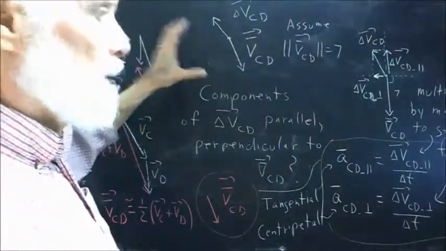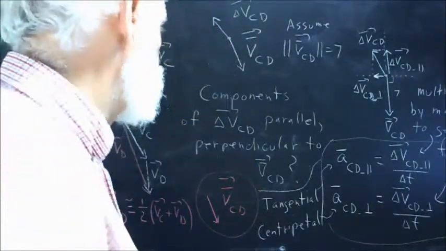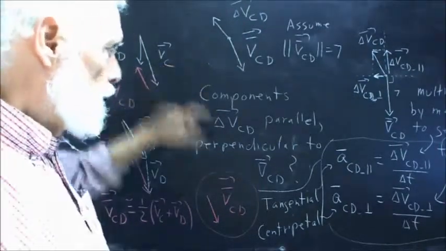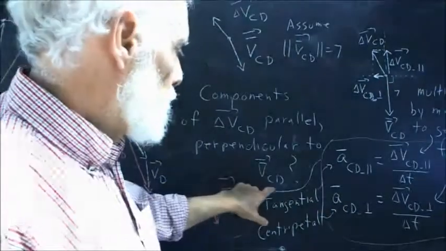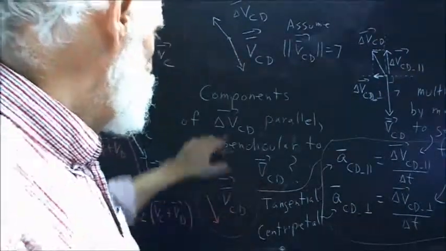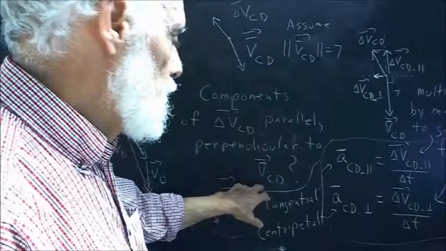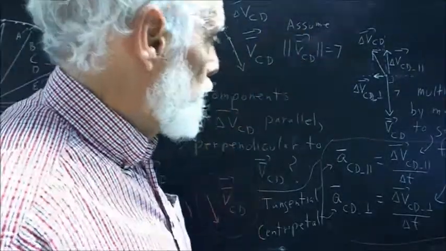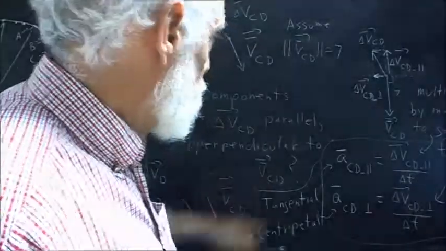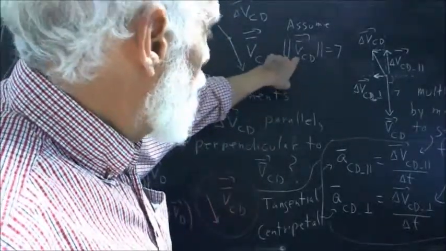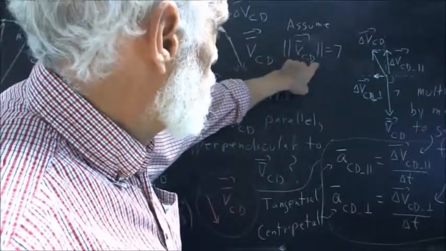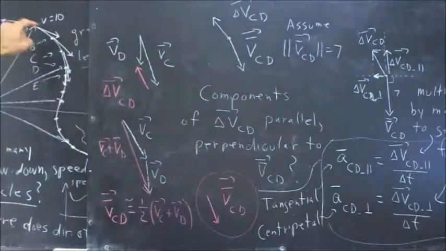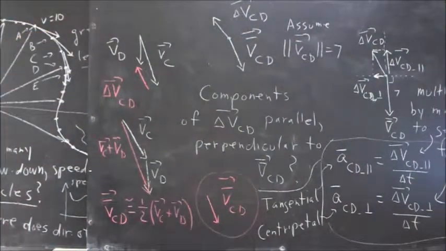In order to get a grasp on what these vectors are telling us, we're going to estimate the components of delta VCD parallel and perpendicular to V bar CD. So, the change in velocity parallel and perpendicular to the direction of velocity. We're making an assumption, just for numerical purposes, that the average velocity between C and D is about 7 on the scale, where before the length of this vector was 10.